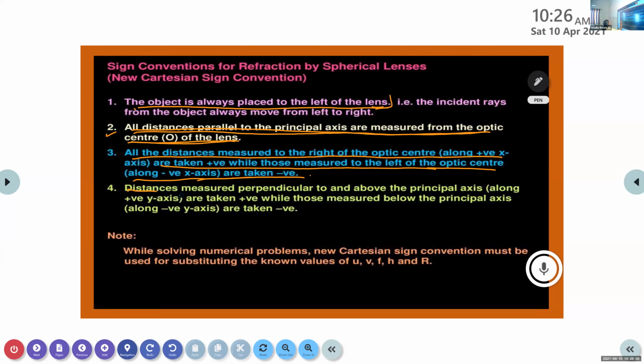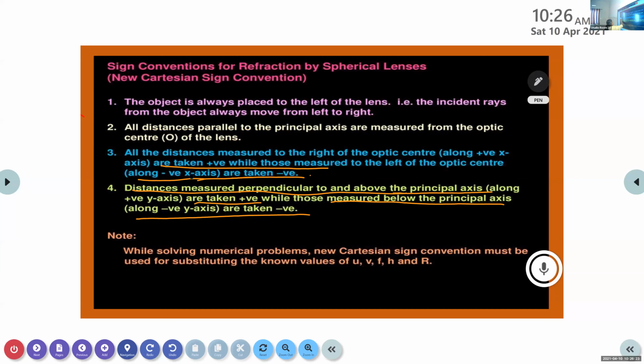The next rule: all the distances measured perpendicular and above the principal axis are taken positive, and all the distances measured below the principal axis are taken negative. So these are the sign conventions for spherical lenses.